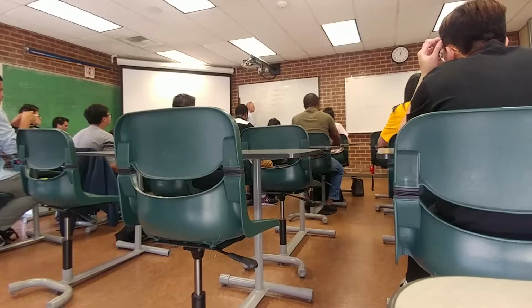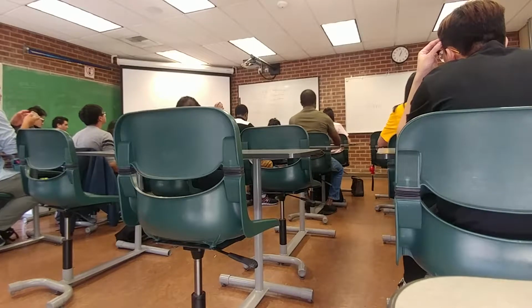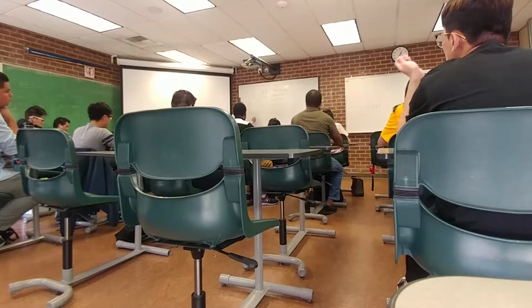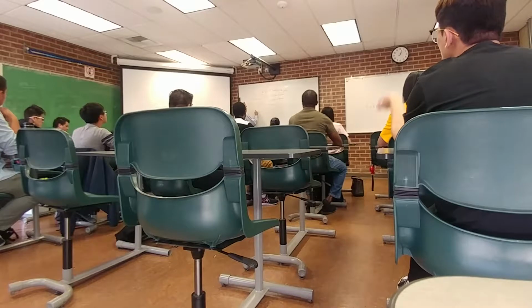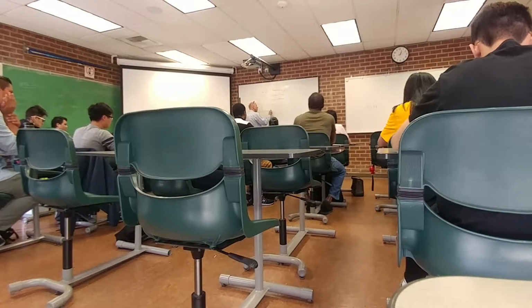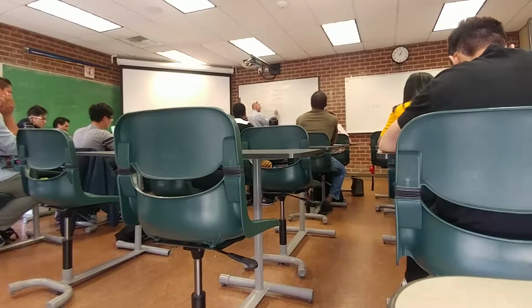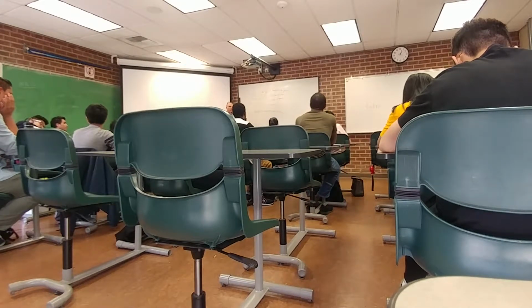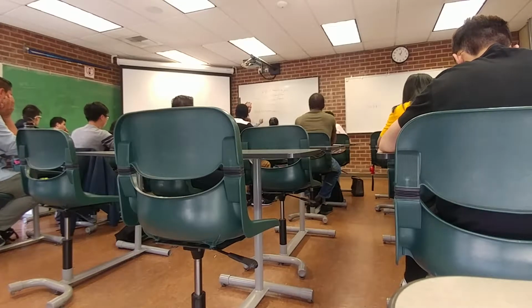Last class we developed these formulas: how do we find x bar? It's the sum of the moments about x equals 0 divided by what? The total weight, or the sum of weights.